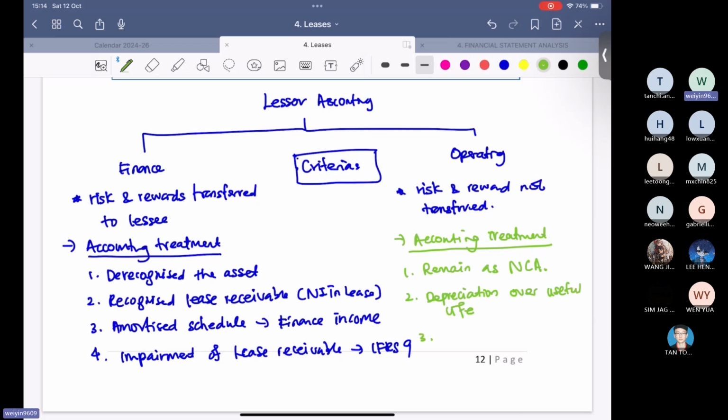Number 3, recognize rental income on a straight line basis. Okay, so that will be the difference between the finance lease and operating lease. Just take it as a summary.